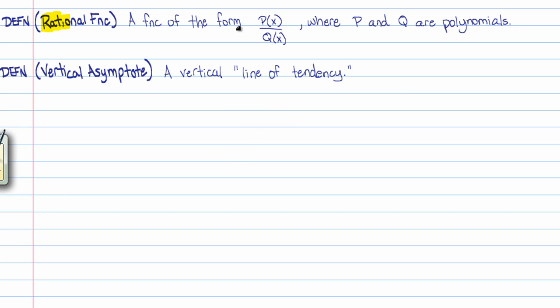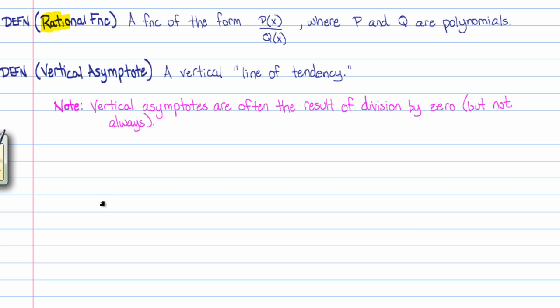Now, I should probably note something here. Vertical asymptotes are often the result of dividing by zero. So if you're given a rational function where the denominator can turn into zero, you often have a vertical asymptote. This is not always the case, but often the case.